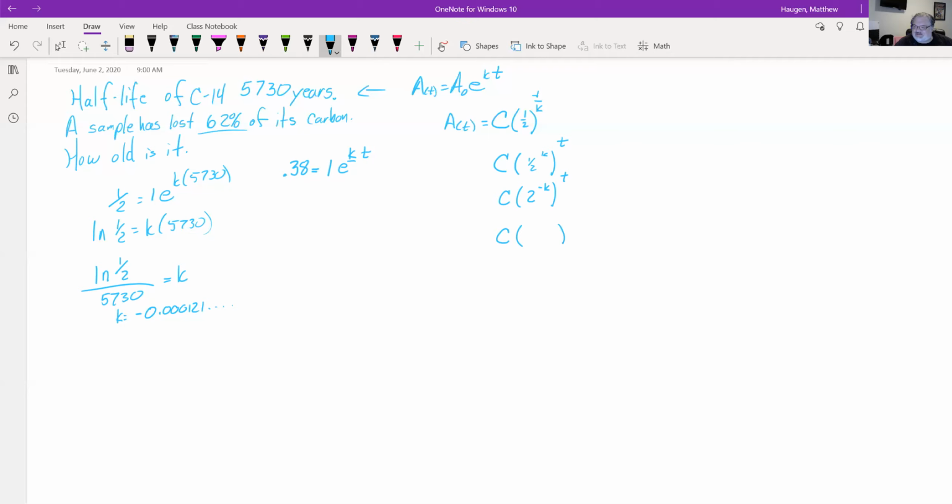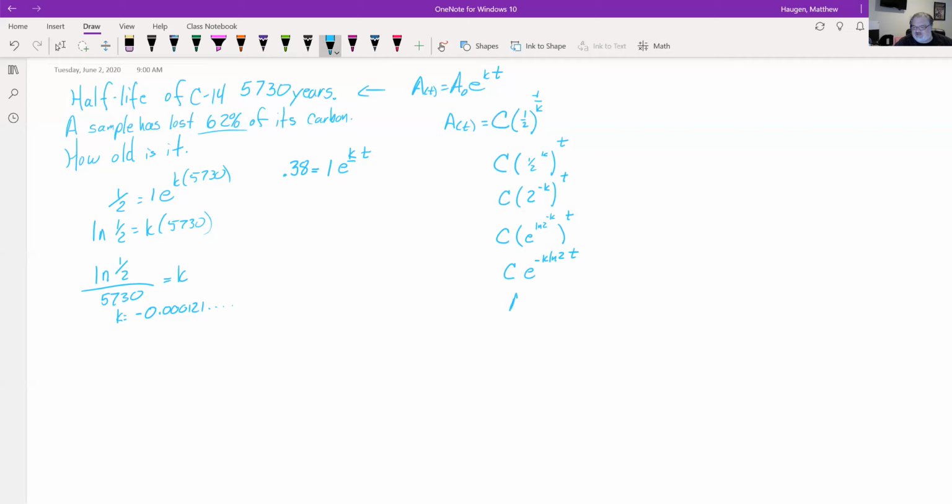And that's going to be the same as E to the natural log of 2 to the negative K, because the E and the natural log would cancel out, right? That's the hard one. Okay, yeah, I see that though. So C times E to the negative K natural log of 2T.